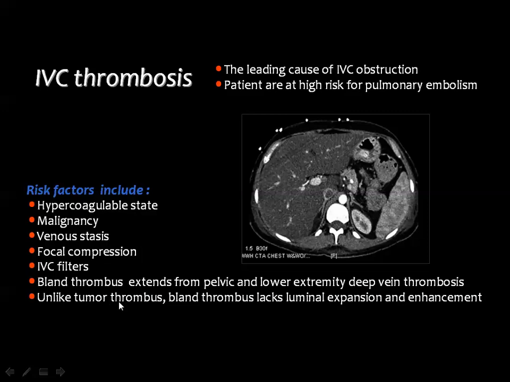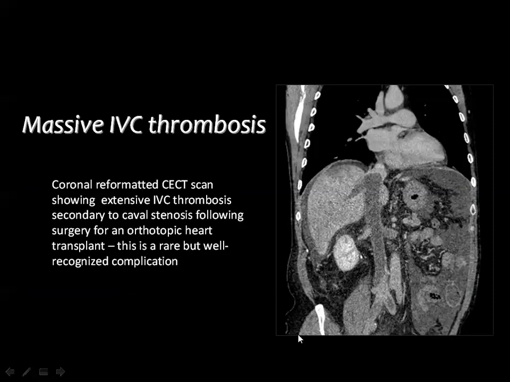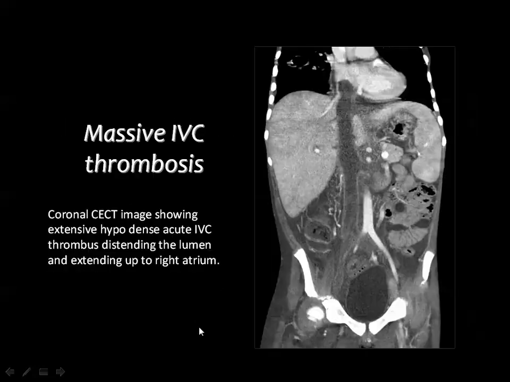Unlike the tumor thrombus, bland thrombus does not expand the vein, and bland thrombus does not enhance. And you see here, this is the aorta, this is the IVC, this is the portal vein. The IVC is obliterated by the thrombus. And here you see the whole course of the inferior vena cava is obliterated by a hypodense non-enhancing thrombus.